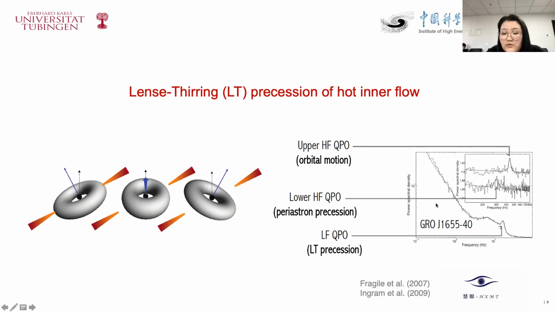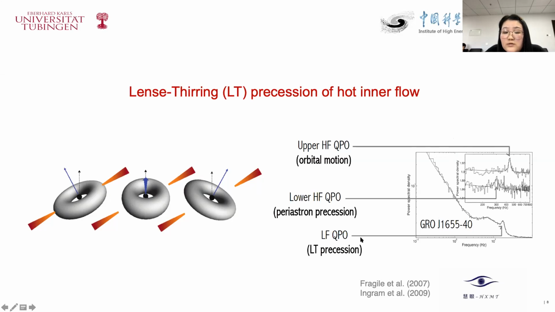For example, in GRO J1655, in these observations three types of QPOs were observed in the same observation: the low-frequency QPOs, the lower high-frequency QPOs and the upper high-frequency QPOs. They use three frequencies described in the general relativistic models to explain the QPO generations.